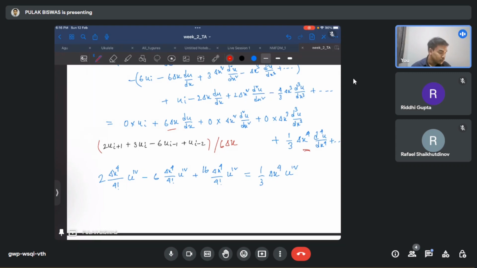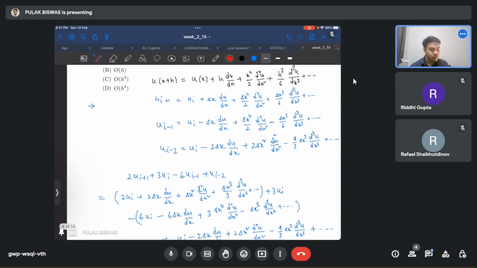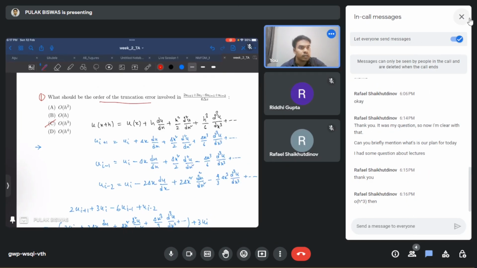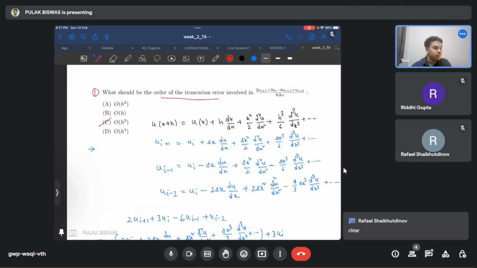Actually not this term: x to the power 4 will come, and at the bottom delta x, so the delta x cube term will be there. So the order of the truncation error will be h3. I think you have mentioned that one will be the truncation error for this problem.